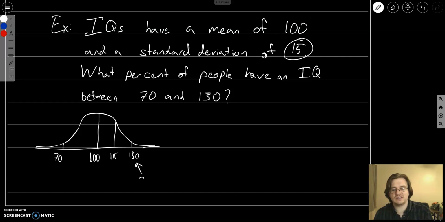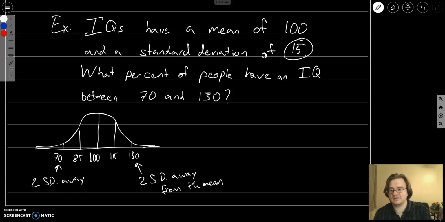So 130 is 2 standard deviations away from the mean. Whereas below, if I go 15 below 100, I'm at 85, and 15 below that is 70. So 70 is also 2 standard deviations away from the mean.